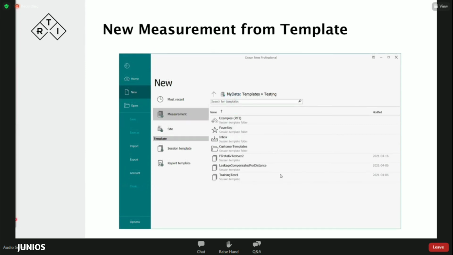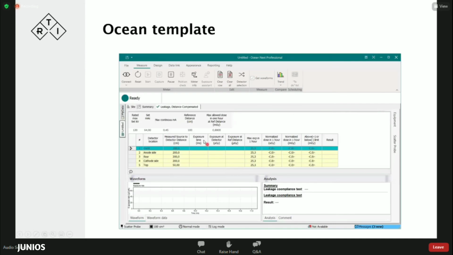and then we can choose among already designed templates. So for example, here we select the leakage template. What we capture here, let's say for example, we have the scatter probe connected to the laptop or to the tablet, and we see this green button, which means we are ready to take measurements.